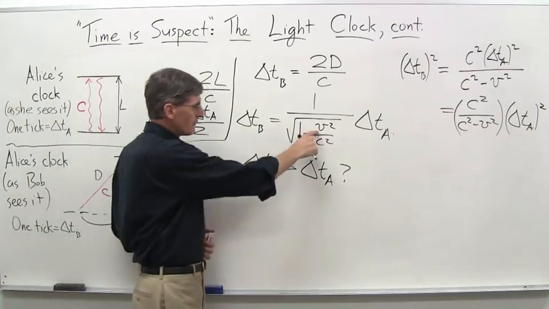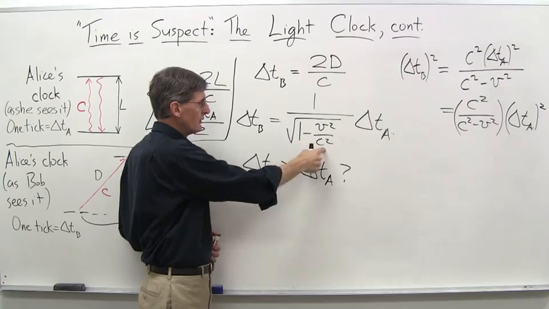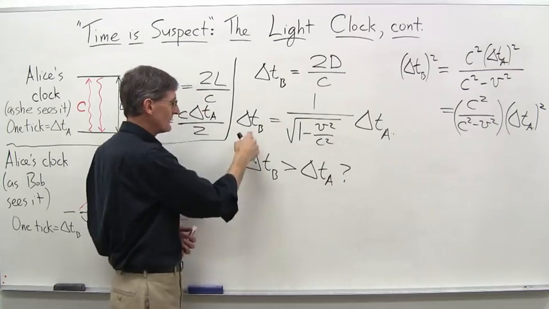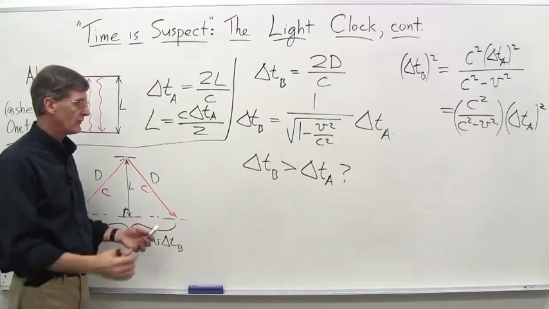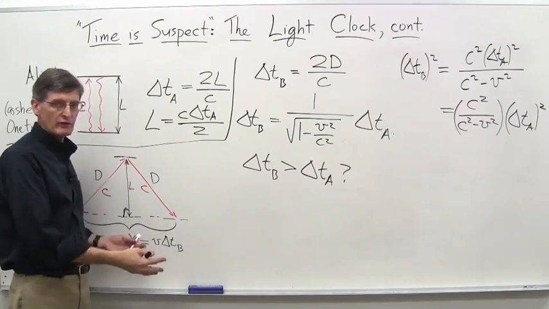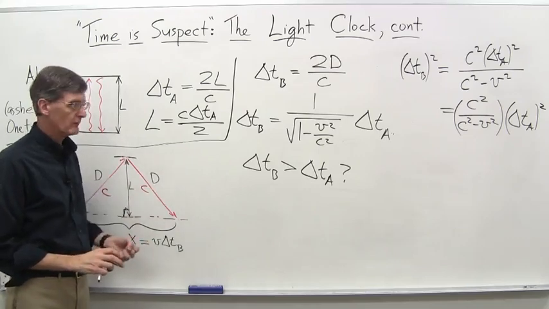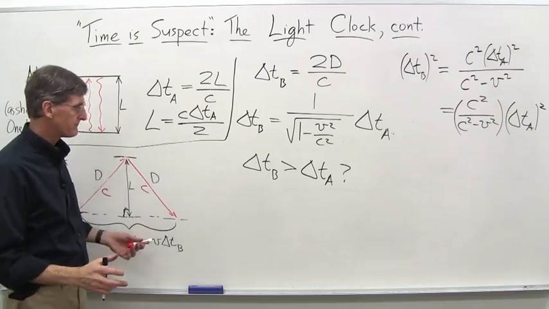If v is 0 here, this becomes 0. So I've got 1 minus 0. Square root of 1 is 1. I get 1 divided by 1 is just 1. I get delta TB equals delta TA, as we would expect. In other words, if they're just sitting there next to each other, there's no difference in their tick rates, assuming that they are identical clocks. And the math is checking out for us there. So that's okay.